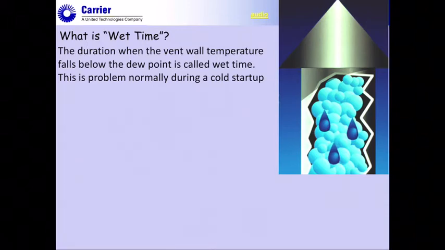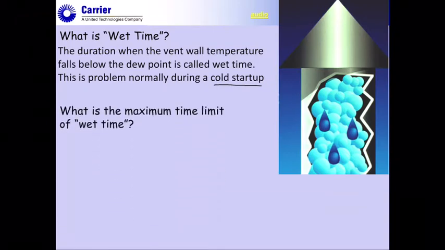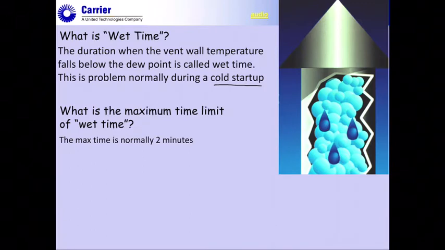If a high percentage of the vent gases that make contact with that vent pipe are at a vent temperature equal to or lower than the dew point, you're going to get condensation, and that's really what is considered wet time. You're really going to see it on cold startups is the biggest thing.